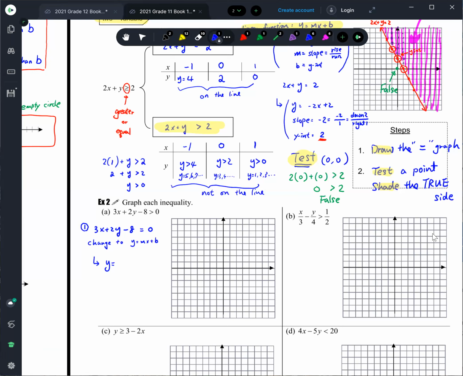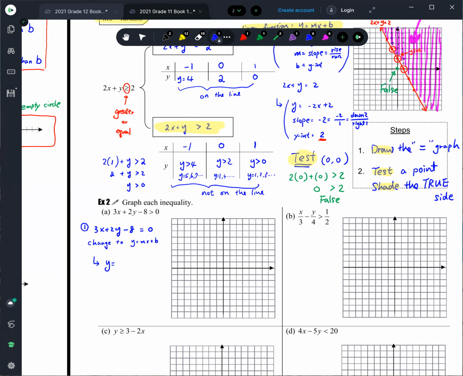Okay. Once you got the form, we can start to graph. Let's check a few answers first, to make sure your forms are right.